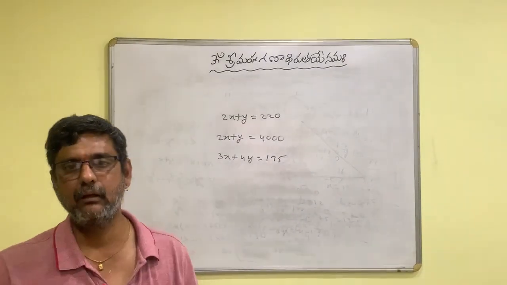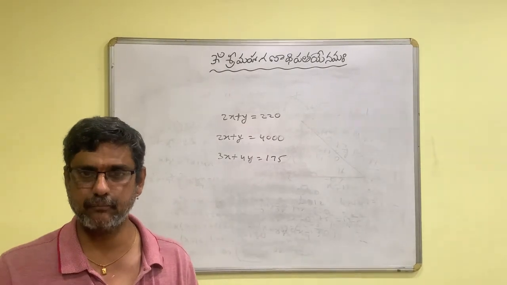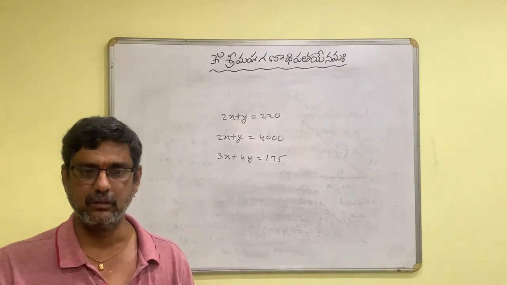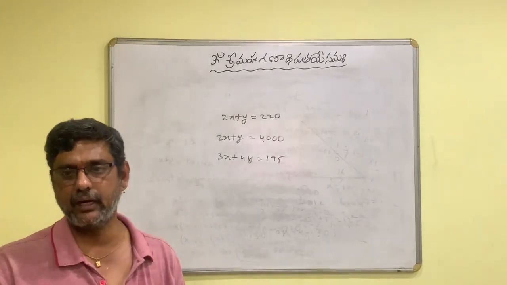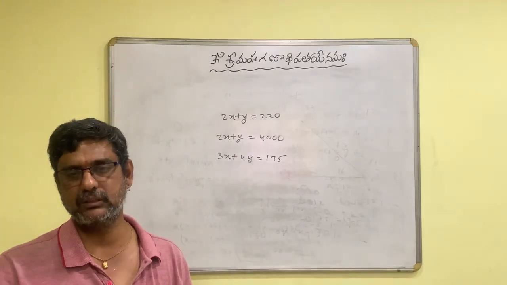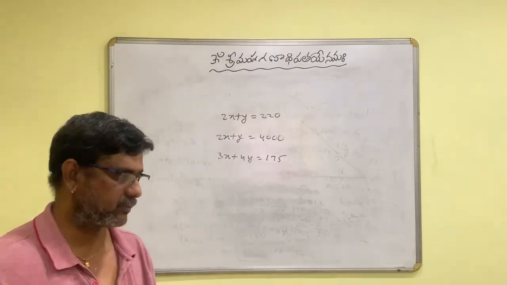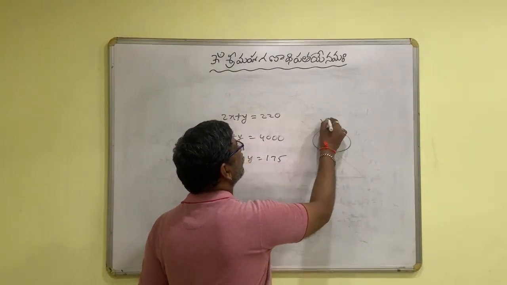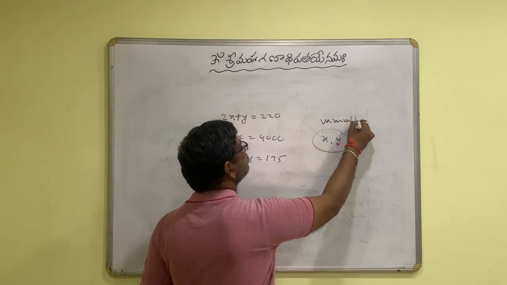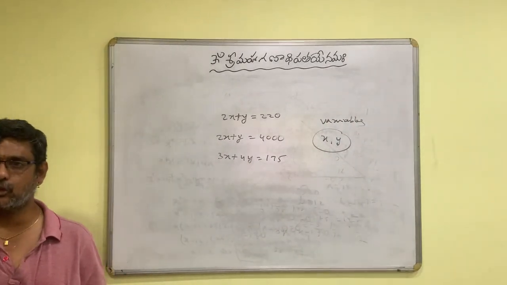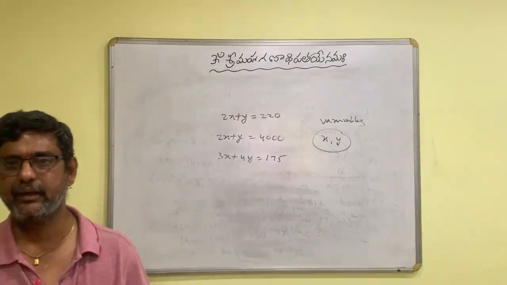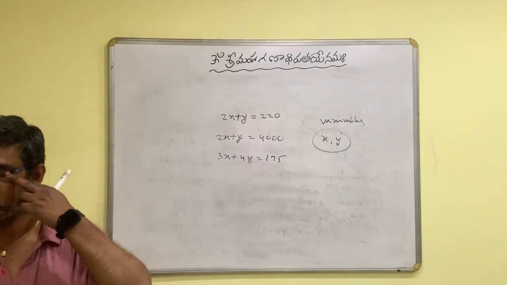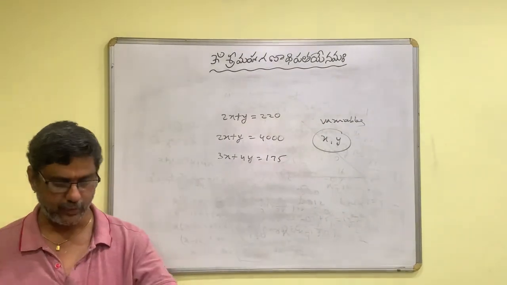If you observe these equations, each equation contains 2 variables, x and y. X and y are variables. So we can call them equations in two variables.